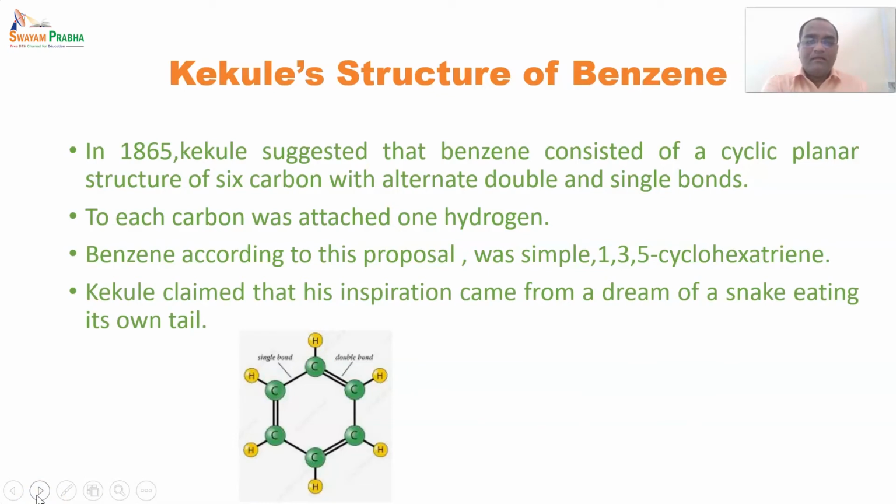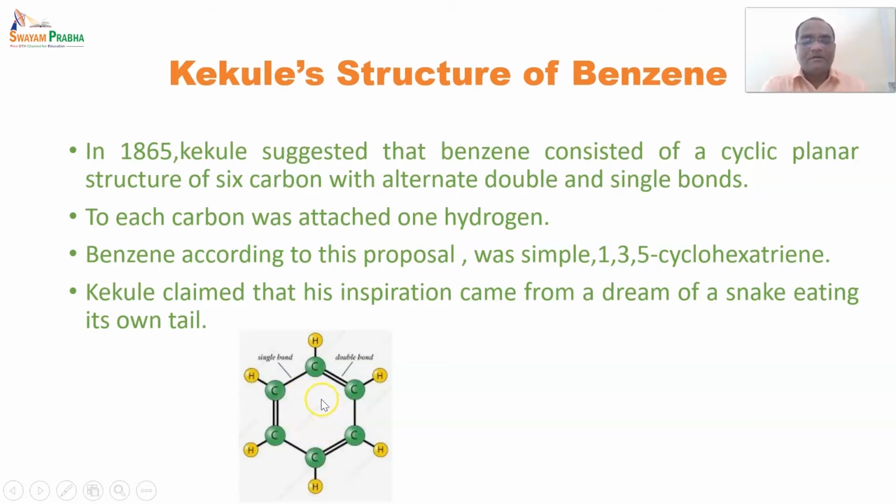And earlier I also told that it was an interesting story, because before the evidence of spectroscopic data, Kekule claimed that his inspiration came from his dream of a snake eating its own tail. A similar kind of structure, benzene looks like that snake, and eating its own tail means it has been connected, and one small snake was revolving in between, eating its own tail again.